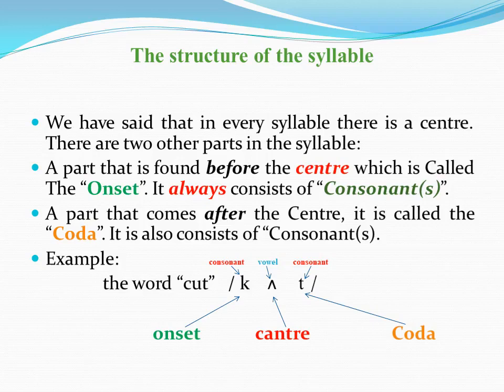But the onset is always a consonant. There is no vowel which can be found in the onset of the syllable. The part which comes after the center is called the coda. And the coda is also a consonant.